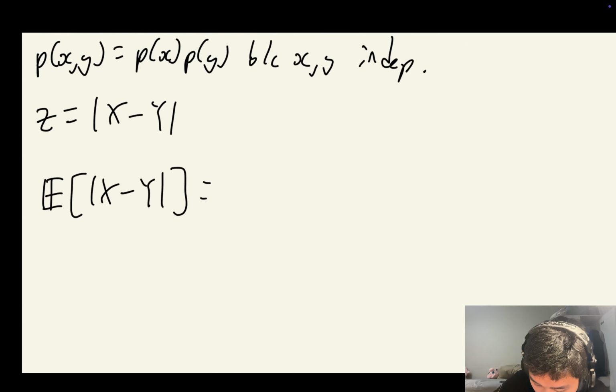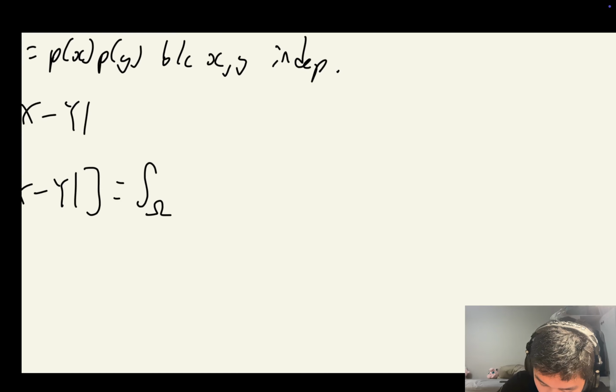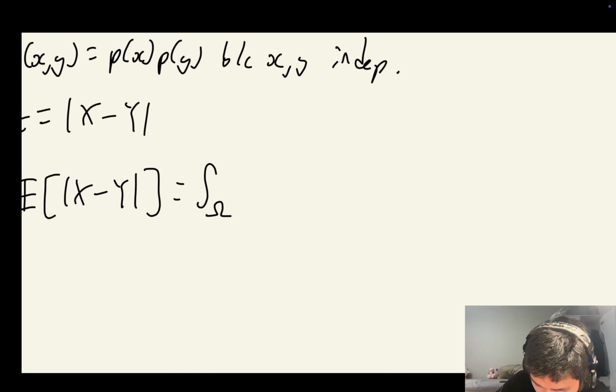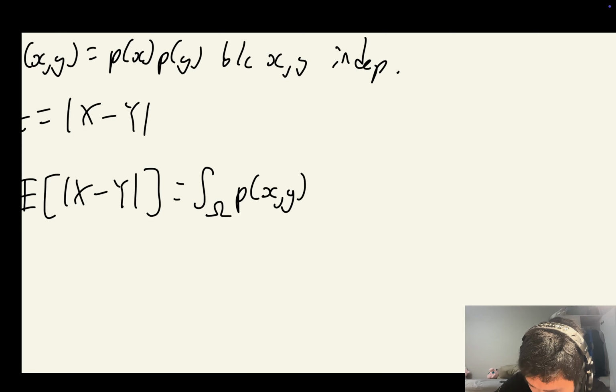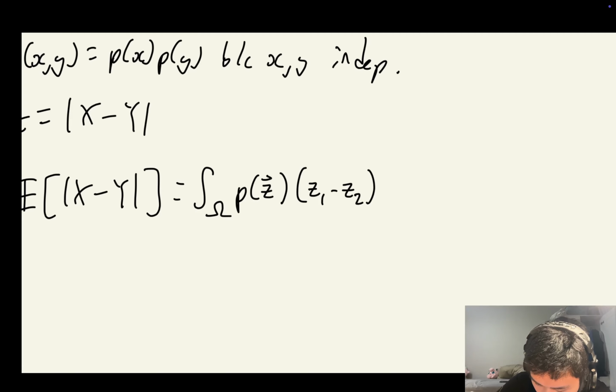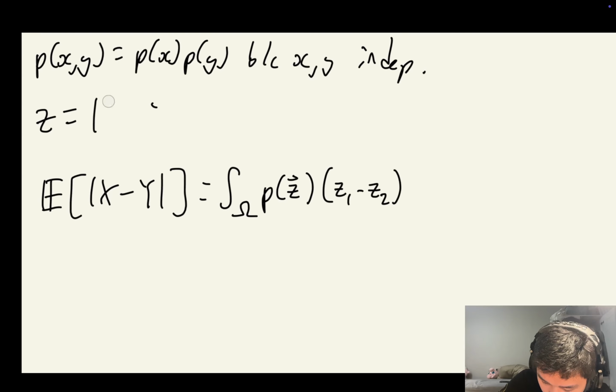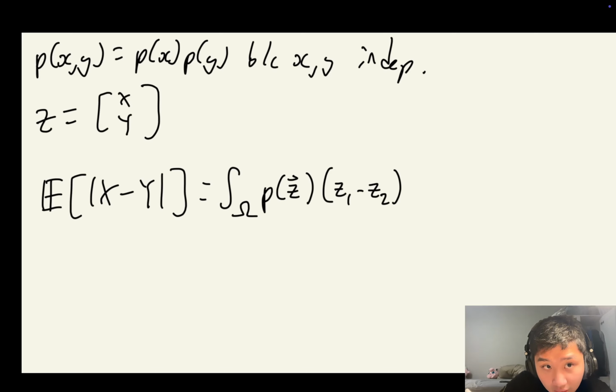This is going to be, by definition, the integral over sample space of probability, of the random variable z, dz.